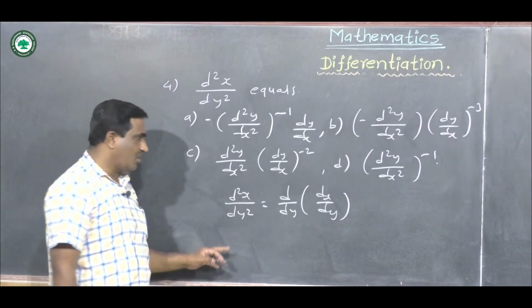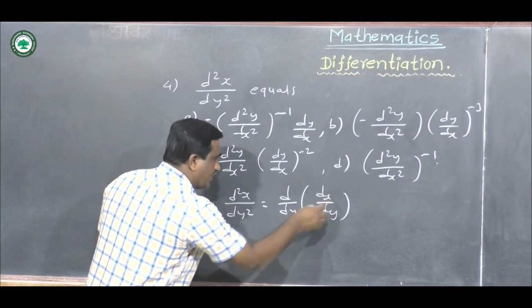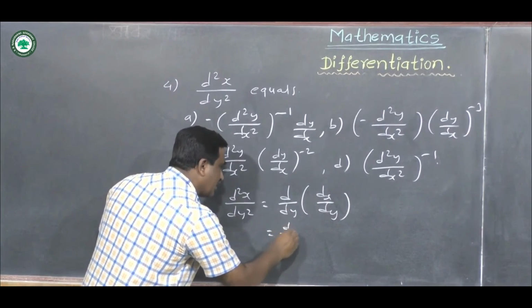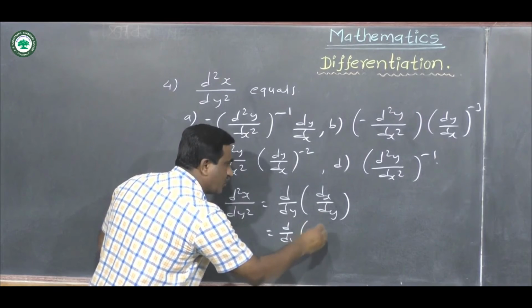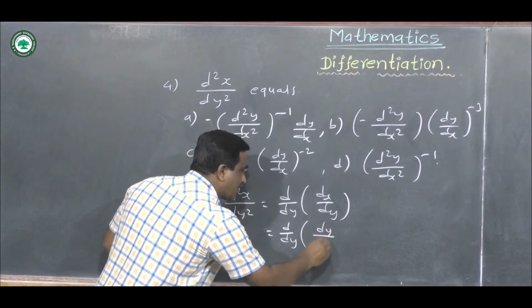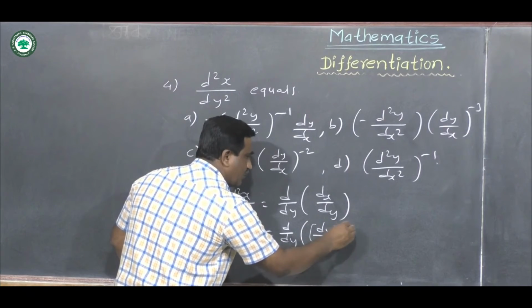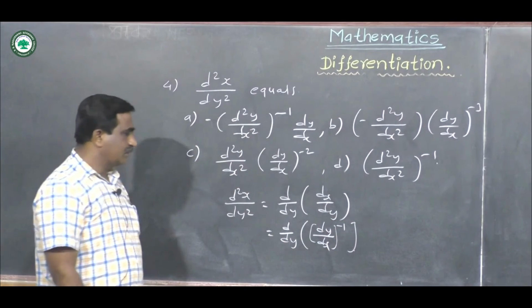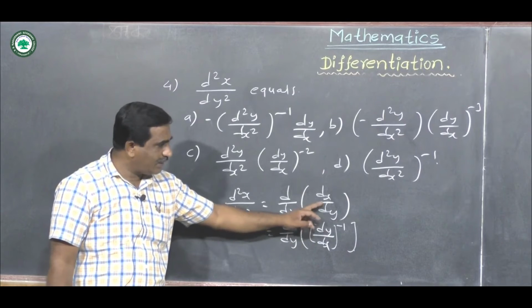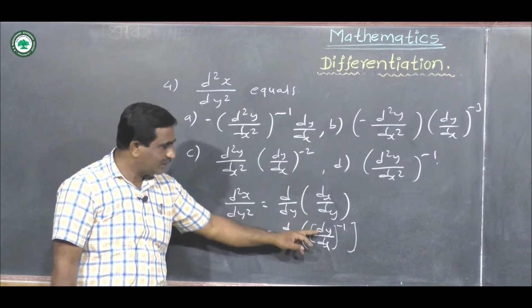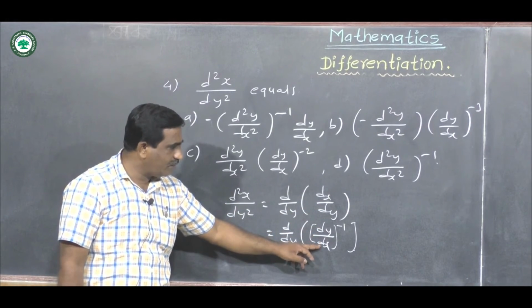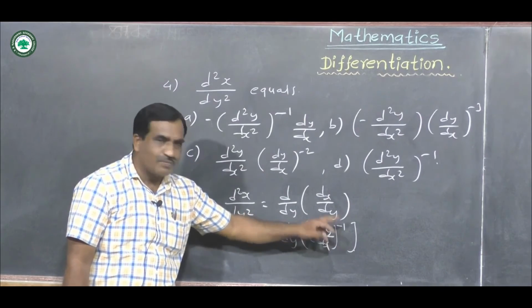Okay, now we take the reciprocal for this term, that is d by dy of dy by dx raised to minus 1. Taking the reciprocal of dx by dy, we can write dy by dx raised to minus 1.